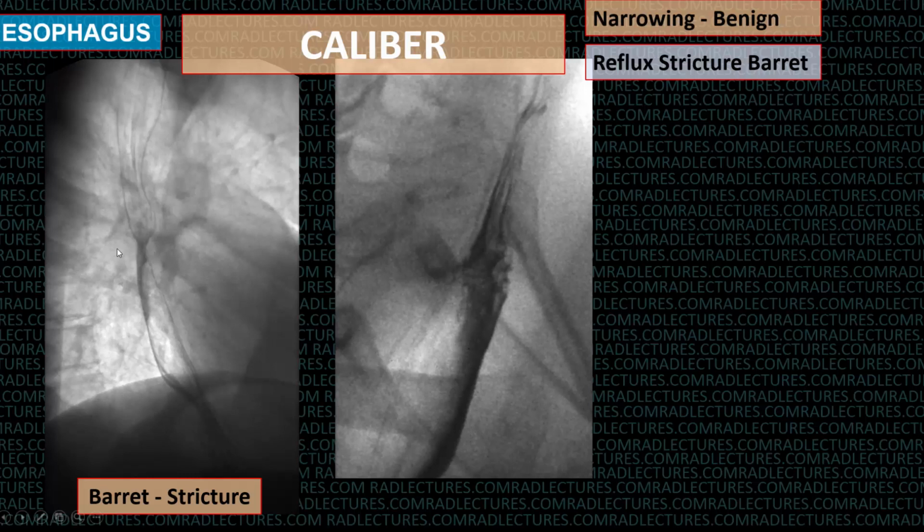And by the way, it occurs more commonly in patients who have scleroderma. About 30% of scleroderma patients will develop a Barrett's esophagus. Barrett's esophagus also may show some nodularity in the area, like in this case, as a nodular plaque.